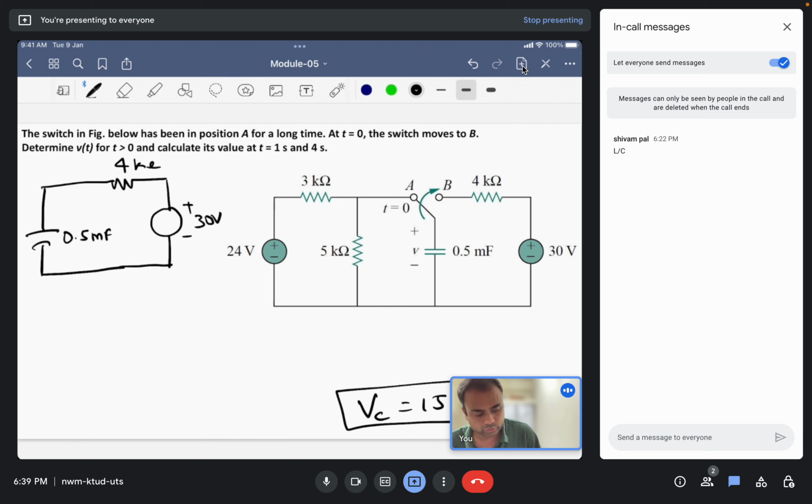We have also calculated that initially the voltage across the capacitor, and the polarity here is again important, is marked here, that is VC at time 0 is given as 15 volts.